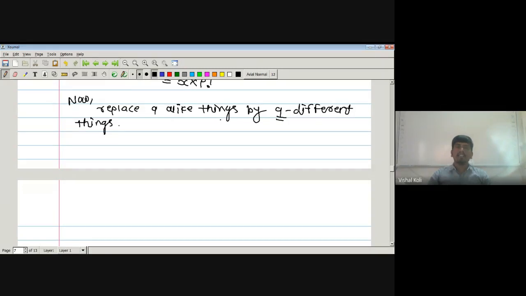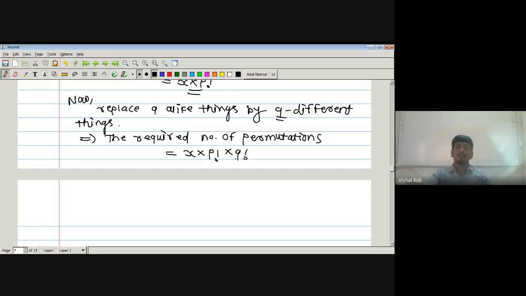So after replacing q alike things by q different things, the required number of permutations will be equal to x into p factorial into q factorial.